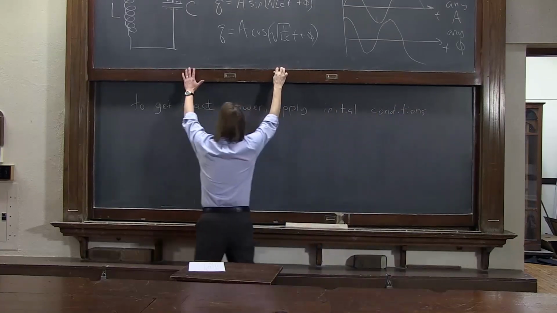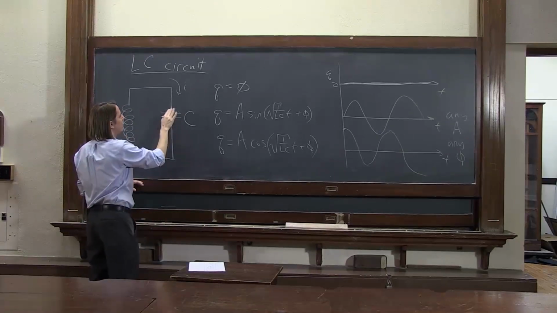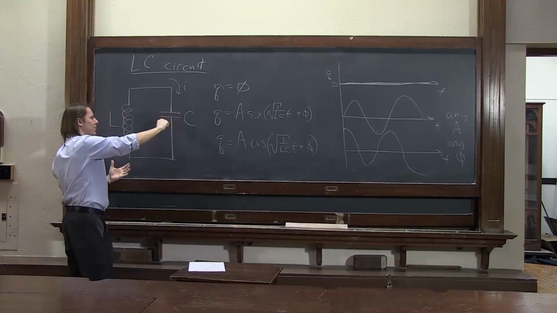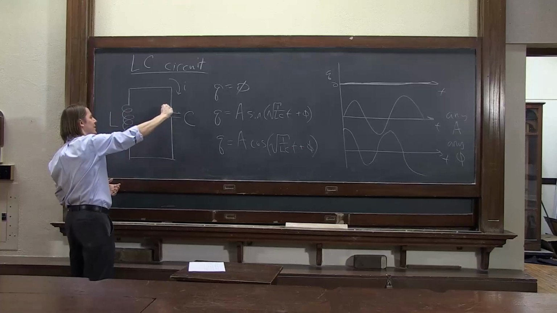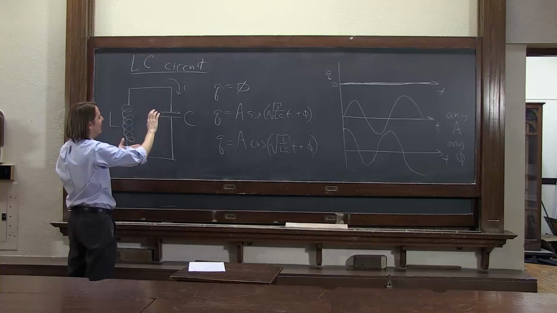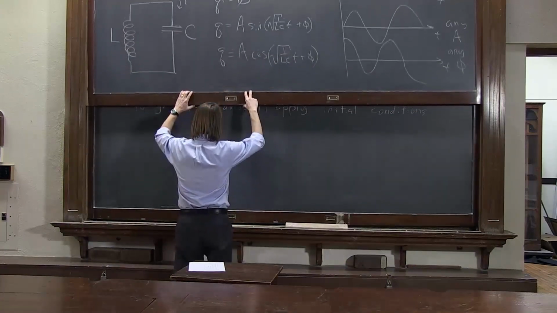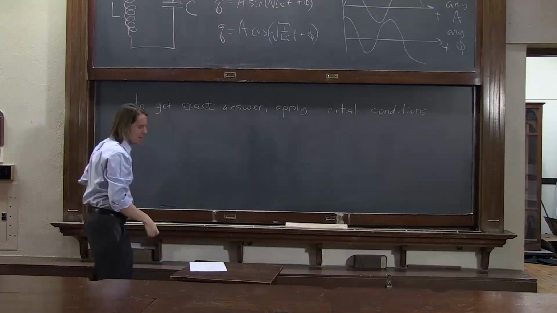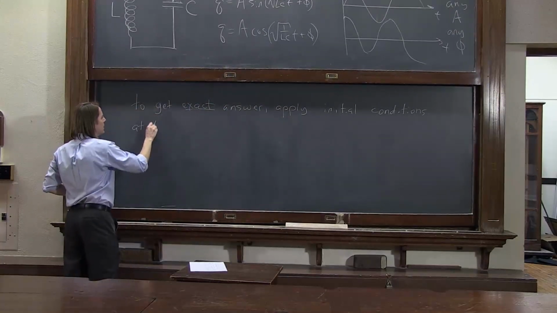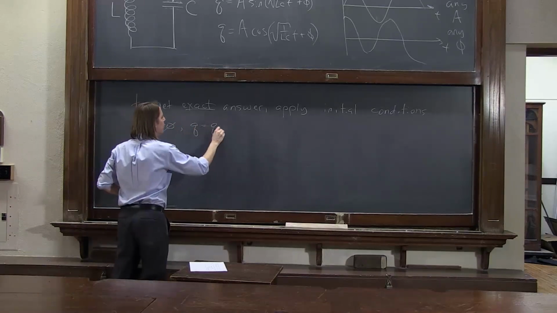So in this case, we want to think about this thing and imagine, okay, maybe it's sitting there neutral doing nothing, but if we could somehow grab the charge on this side and put it on that side and let it go and see what happens. That's kind of physically what we're thinking of doing. Perturb it and release it at time equals 0. So the way we would describe that mathematically is that at t equals 0, q equals q naught.